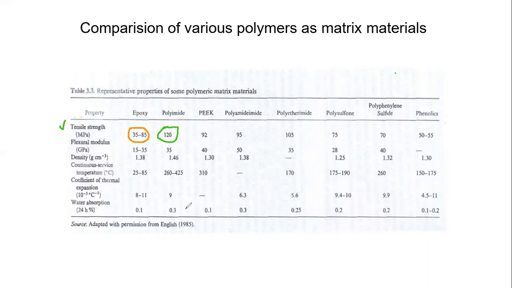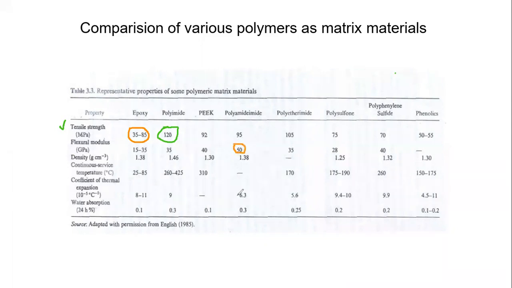Next, coming to the flexural modulus, polyamide has the highest flexural modulus, that is 50 gigapascals.